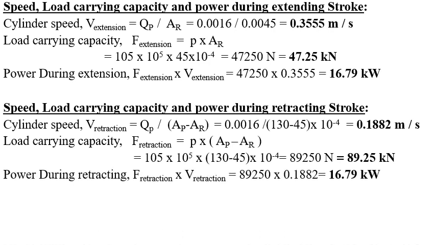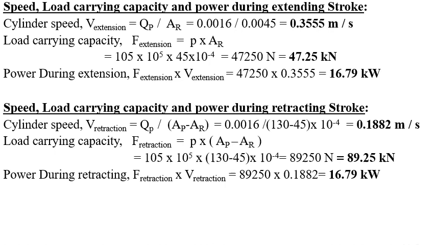And the last part is power during the retracting stroke, that is P retraction stroke equals force retraction into V retraction. Force retraction is 89,250, substitute there, and V retraction is 0.1882 meter per second, substitute there.